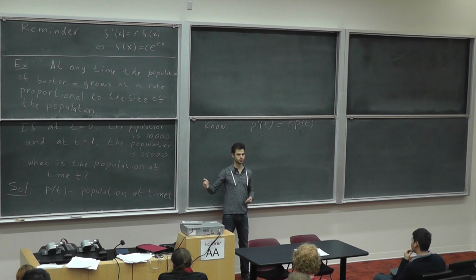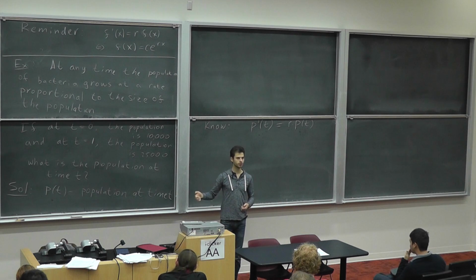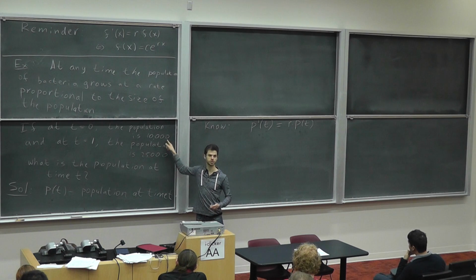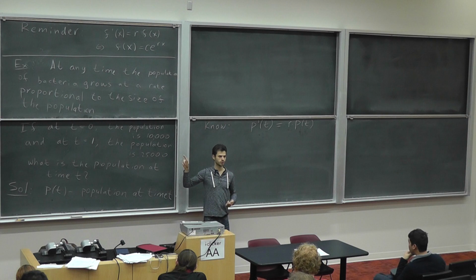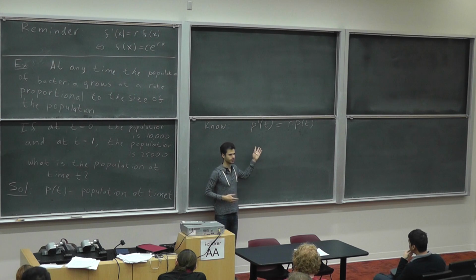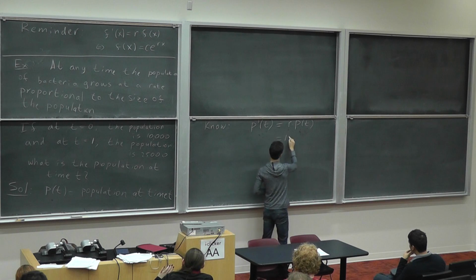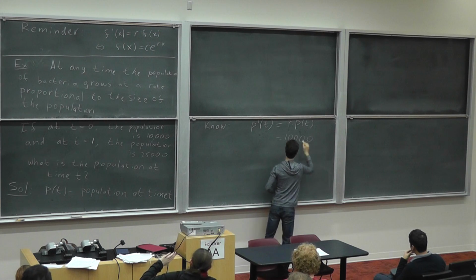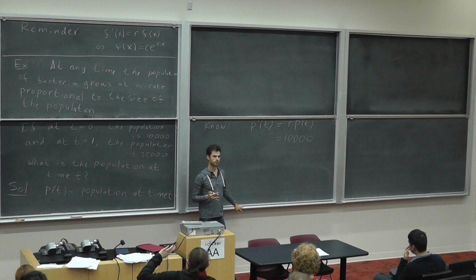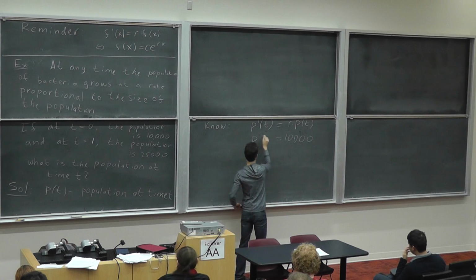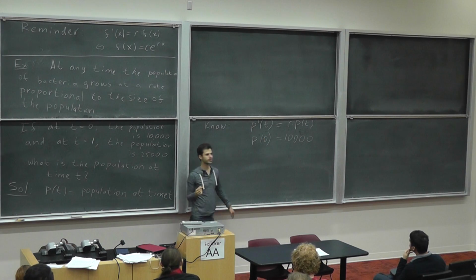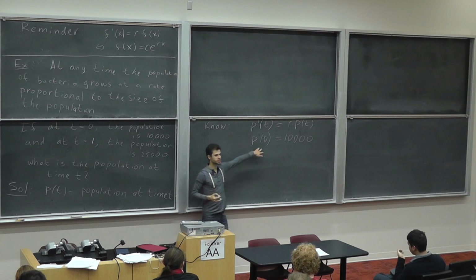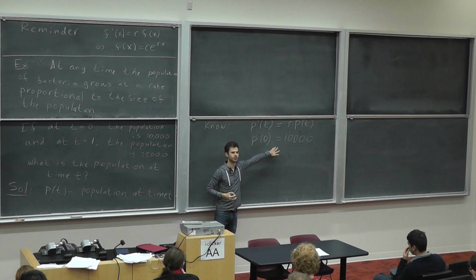When we start the clock at t equal to 0, we measure that the population is 10,000. How can I write it in terms of P? Something is 10,000. What is this something? P of 0, right? So it is the population size at time t equal to 0.